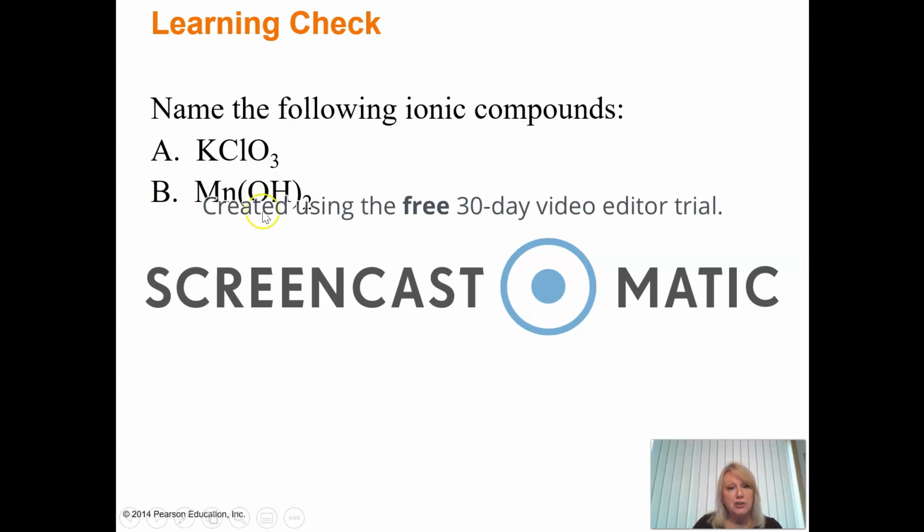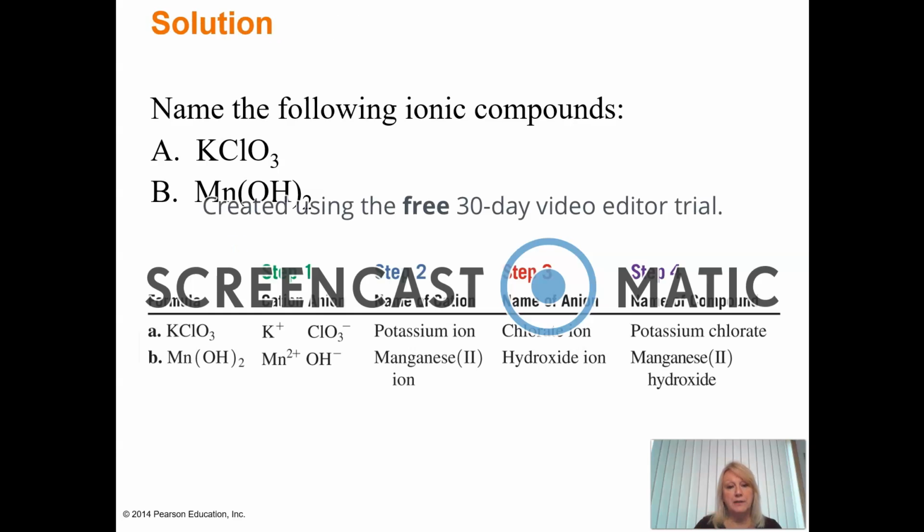Well, now I got to look at the polyatomic. I've got OH, that's hydroxide. Each OH is a -1. If I have 2 of them, I only have 1 manganese. I know it's going to be manganese 2 hydroxide. Okay, so that's how we do that.